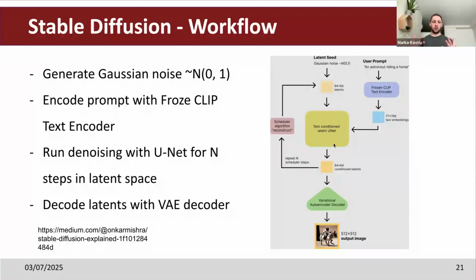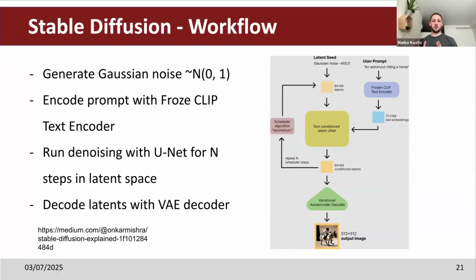Then through this U-Net, we can do the cross-attention between those two parts: the latents that we assume were generated by the variational autoencoder, and the latents that we obtained from CLIP. We run multiple steps of denoising to get the conditioned latents.